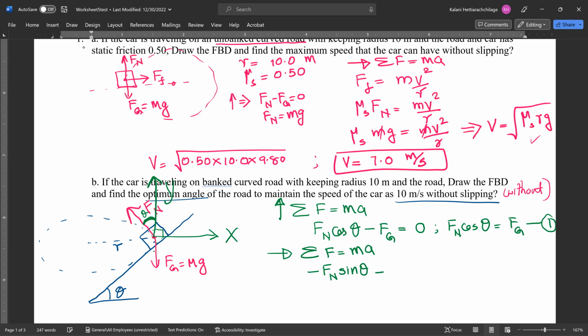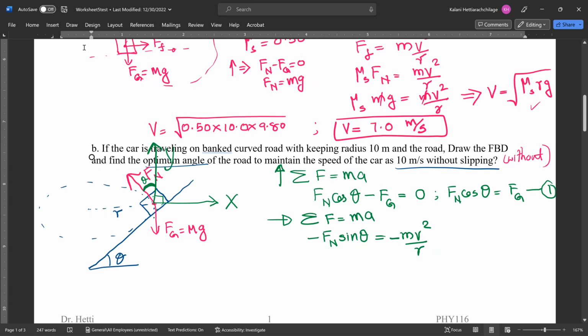Should be equal, there is no other force, should be equal to mv square over r, that acceleration, that is the centripetal acceleration, also to the left. Because of that, I have negative. Now negative will cancel out. I'm going to rewrite this as Fn sine of theta is equal to mv square over r.